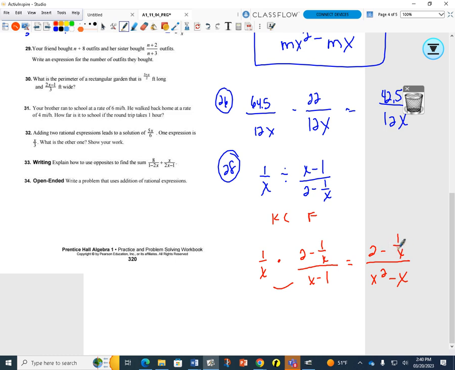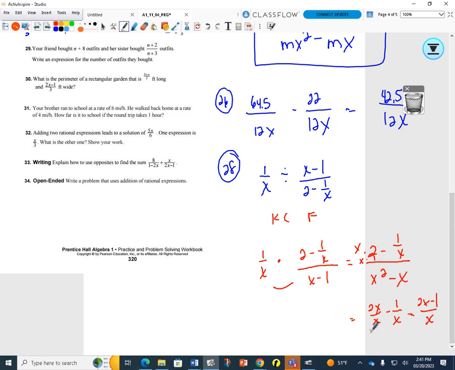So 2, let's start here. I could rewrite this as 2 over 1, so I could multiply top and bottom by x, so I'd have 2x over x minus 1 over x. So this numerator here would be 2x minus 1 all over x.